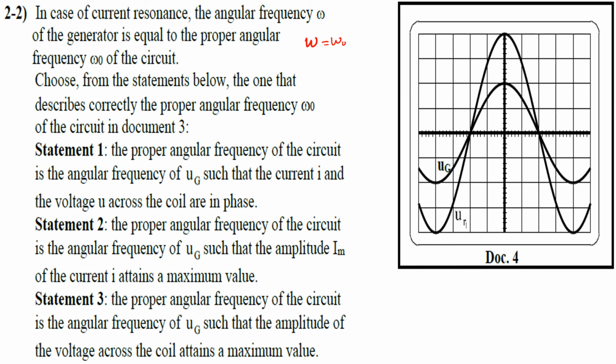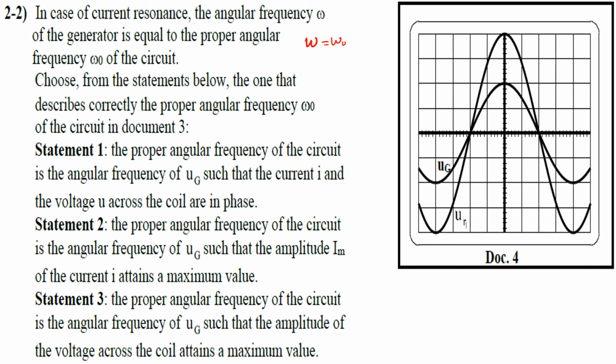If you check UR1, it goes to its maximum value. So this is also correct. And by the way, once we say that the proper angular frequency is the angular frequency of the generator, then we're satisfying the condition that omega equals omega 0 and that they are in phase.